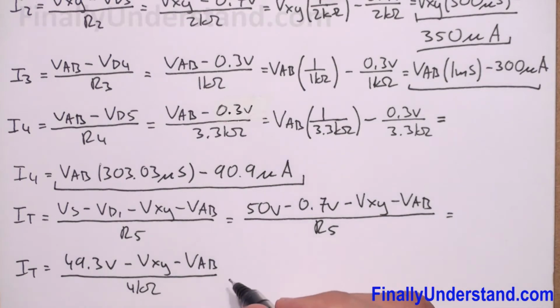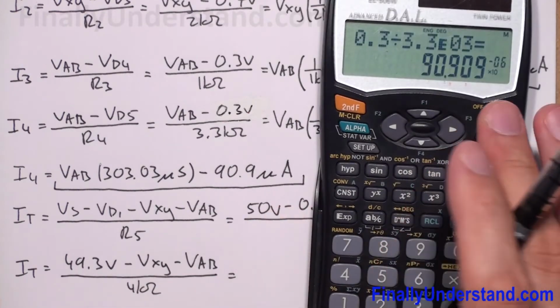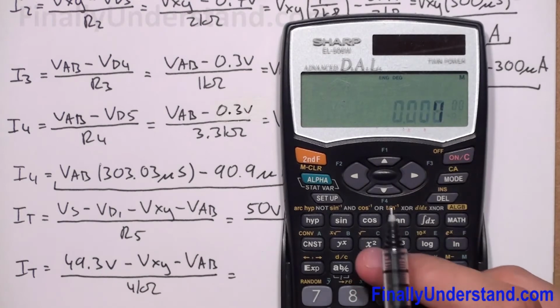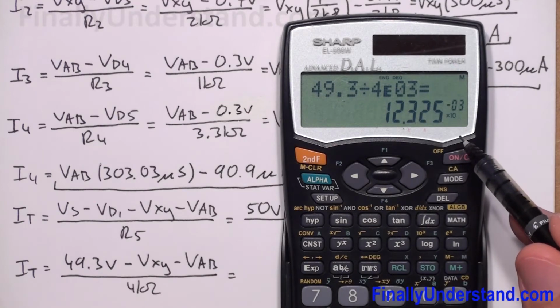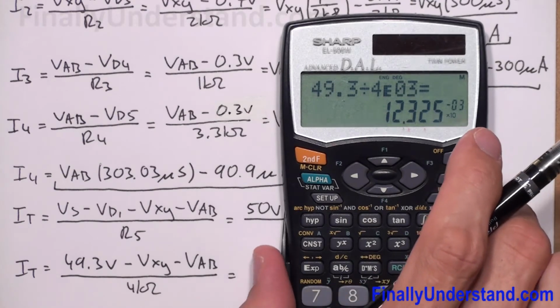Okay, so this is equal 49.3 volts. So I have 49.3 volts divided by 4 exponent 3, 12.32 milliamps.